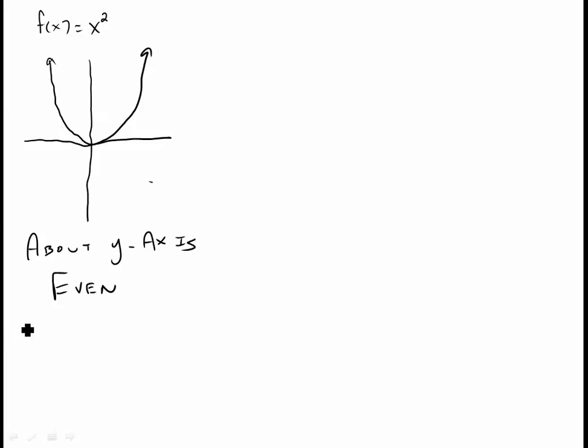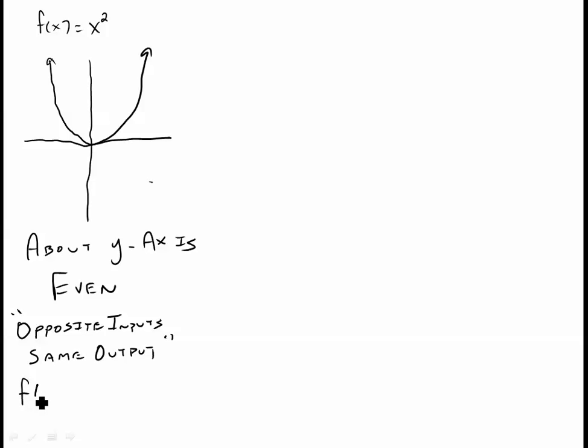And these functions have a really curious property. To put it in words, if you use opposite input, you get the same output. And here's what I mean using our original example.